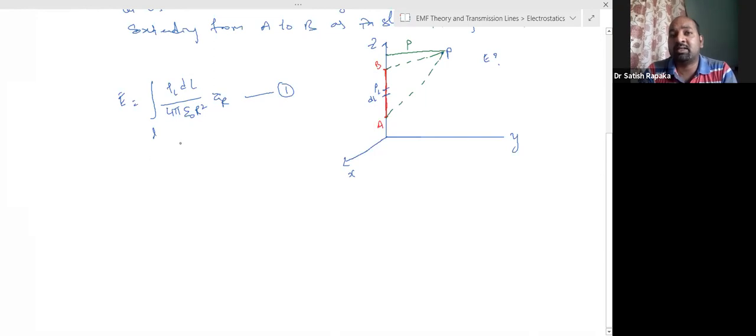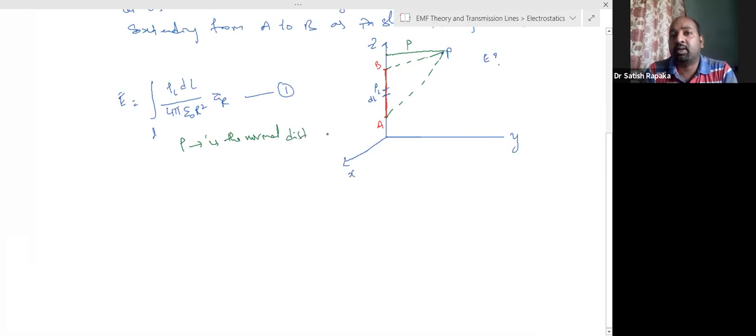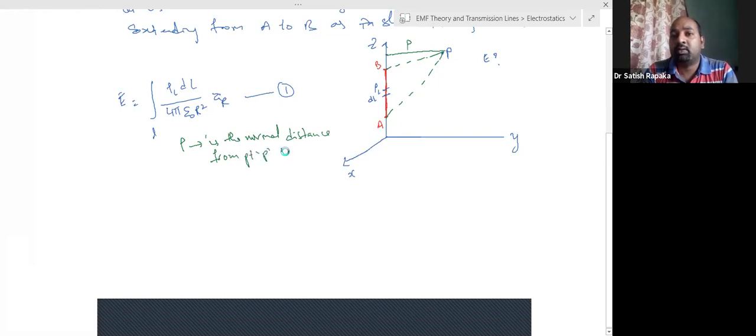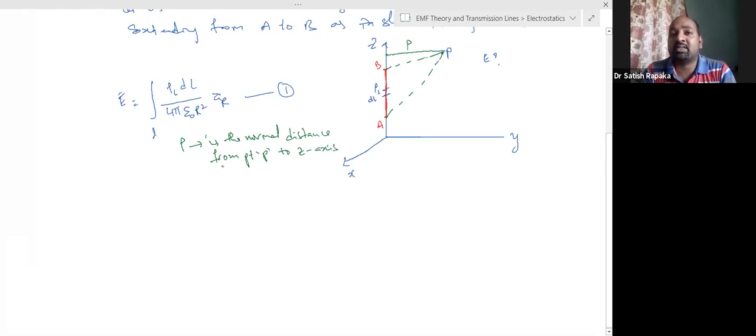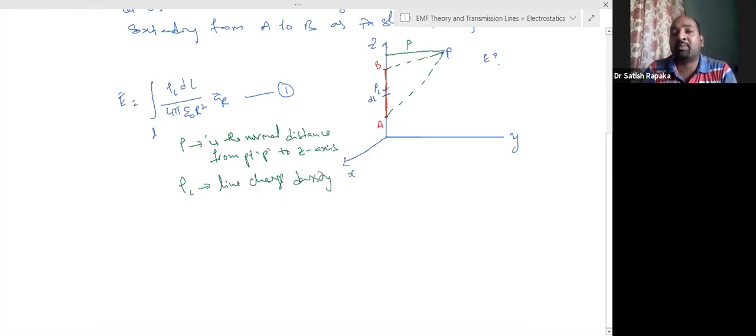Rho is the normal distance, whereas rho L is the line charge density.